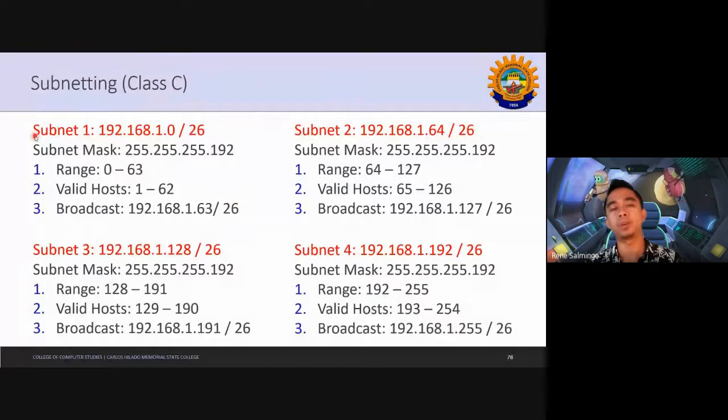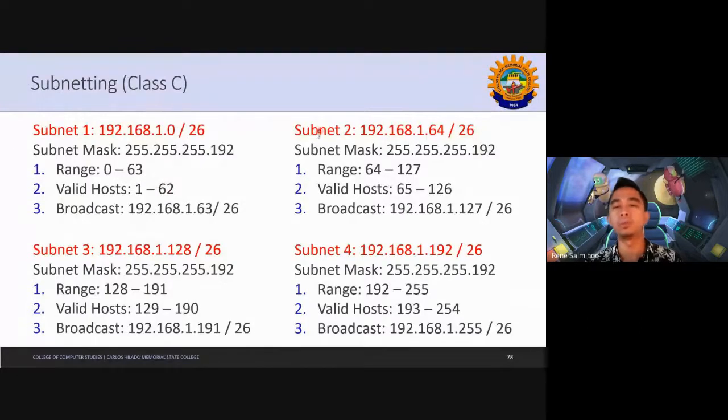So this is your network address and broadcast address. So that is the 63 and 64 supposed to be for this subnet. So you have valid hosts of 62 hosts.